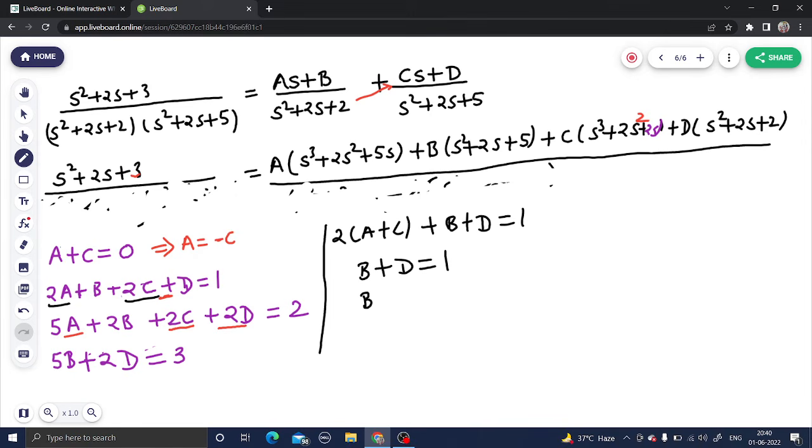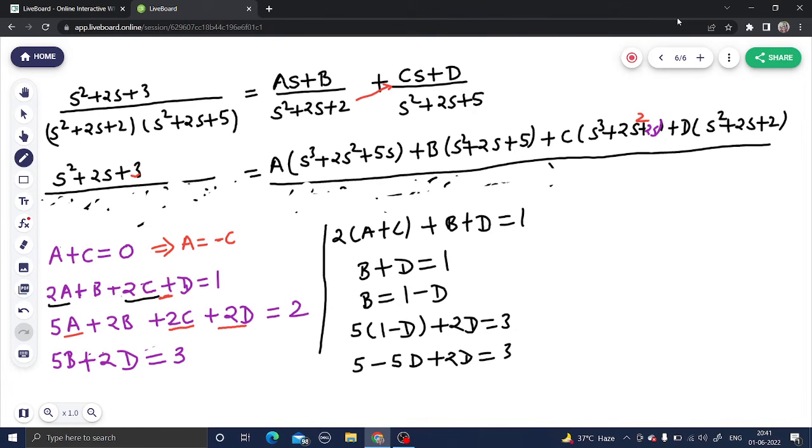From here, b will be 1 minus d. Let's put that in the last equation. So 5 times (1 minus d) plus 2d equals 3. So 5 minus 5d plus 2d equals 3.